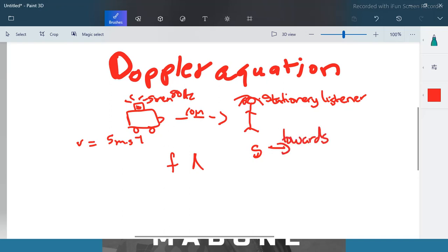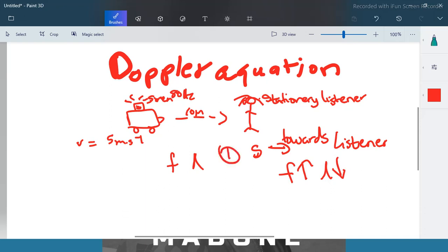When a source, S stands for source, is moving towards a listener, what happens to our frequency? Our frequency will increase, and our wavelength will decrease. That's number one. Does this look familiar?